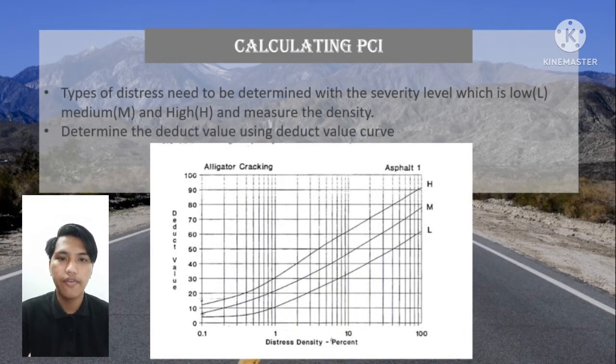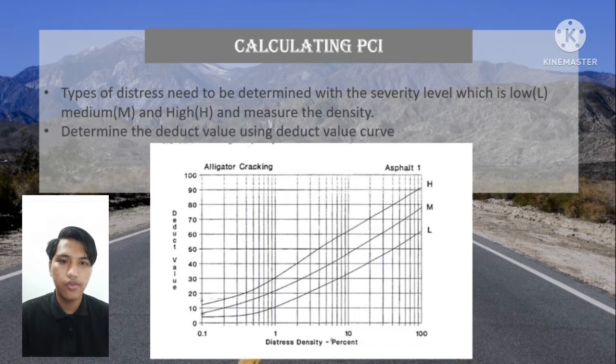Okay, next, after all the data on the road are recorded, we calculate the PCI. Firstly, PCI is the pavement condition index method that is used to determine the condition of the road by inspecting the distress on the road. First, the type of distress needs to be determined with the severity level, which is low, L, medium, M, and high, H. And then we can measure the density.